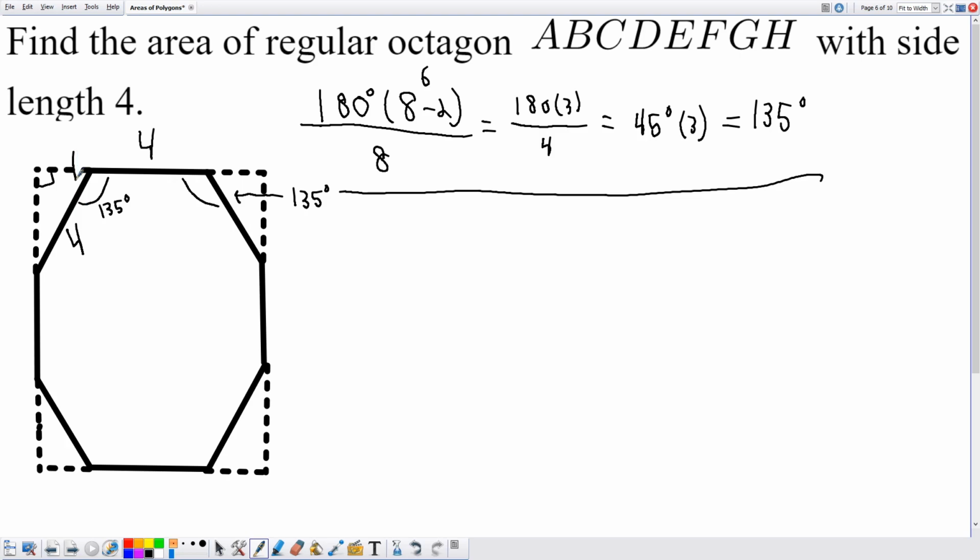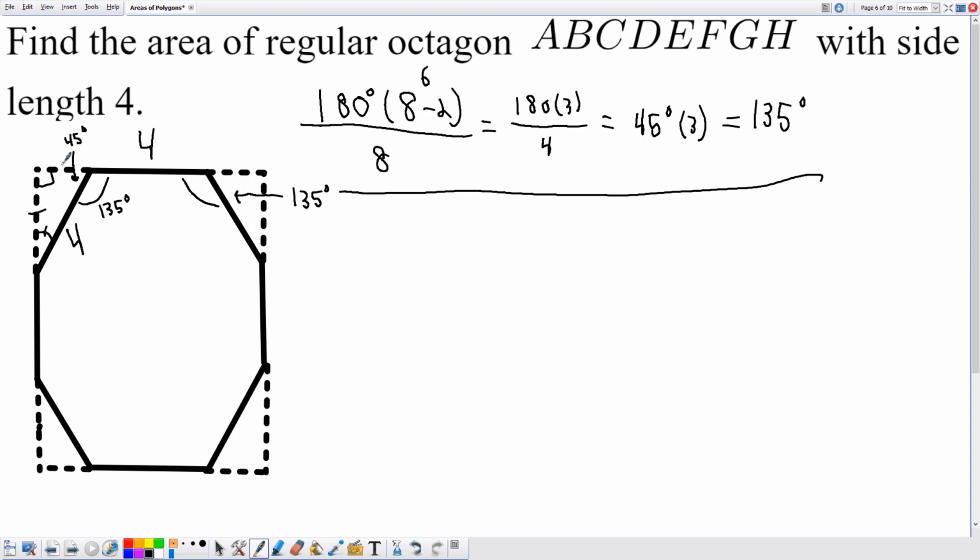Well, let's find out what this angle is. This angle has to be 180 minus 135. Since they're on a straight line, they must be supplementary. So 180 minus 130 is 50, minus 5 is 45 degrees. Which means that this is also 45 degrees, since this is a 90-degree angle.